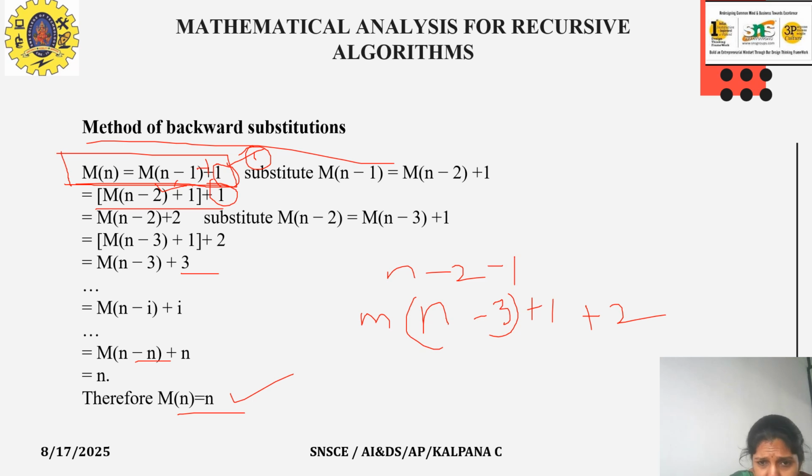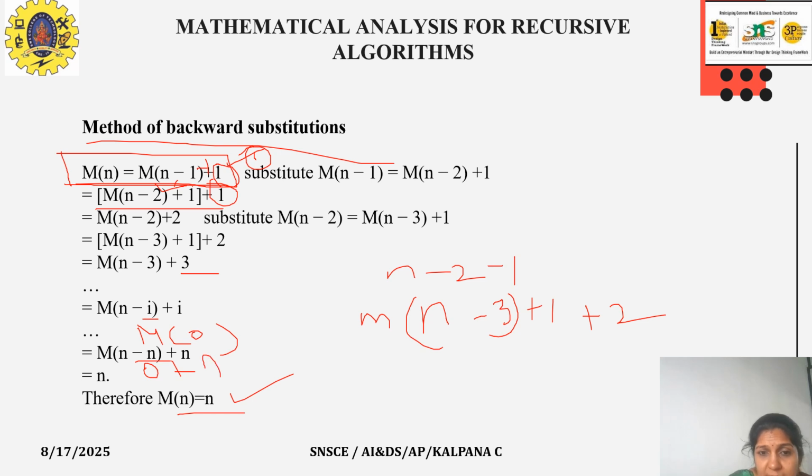So I have to end this when I get M of 0. So here, if you substitute i, M of n minus i plus i, it becomes M of n minus n plus n. So M of n minus n is M of 0, plus n.